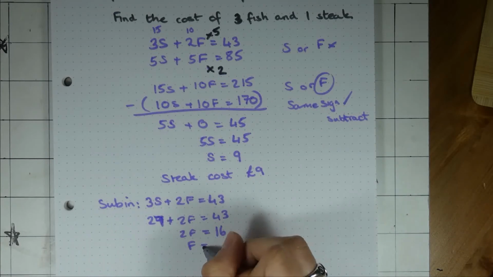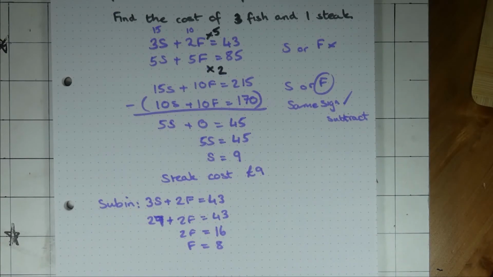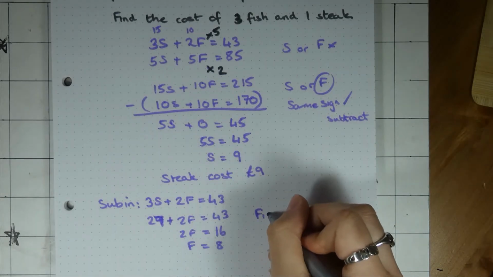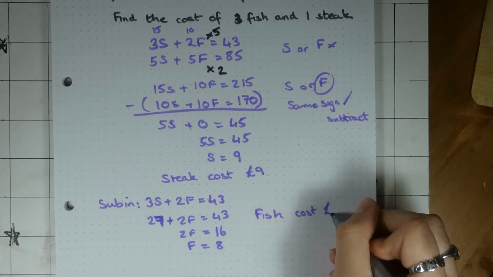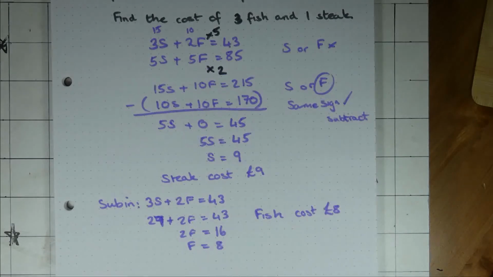So f equals 8. Okay, again, we're going to state it. Fish costs £8. Make it obvious, underline it, star it, asterisk it, whatever makes it obvious to that person reading it, it's important. You want to make your work as clear as possible.